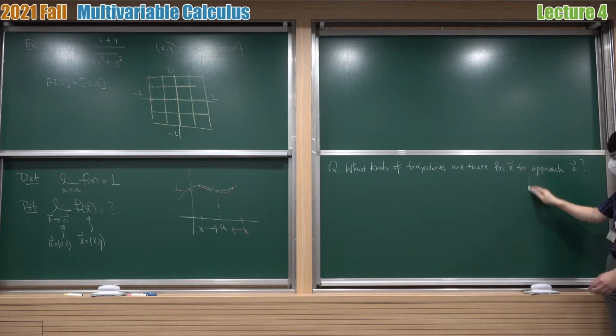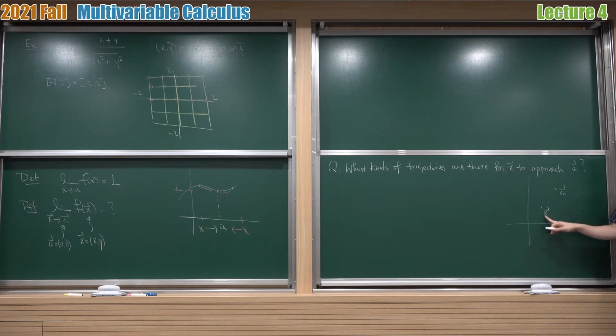So for example, let's say we have x here and a here. How can you approach x to a?